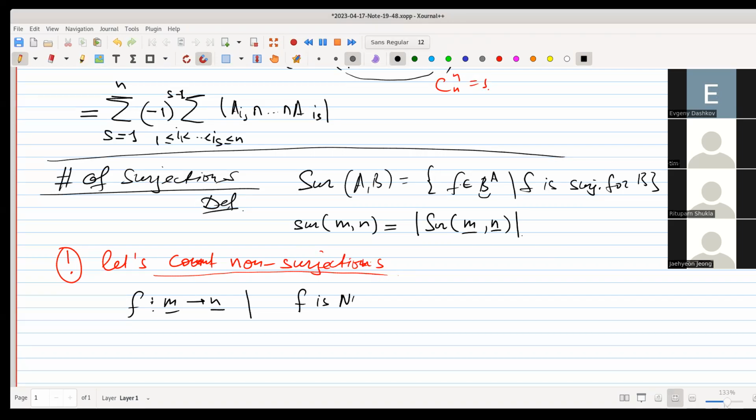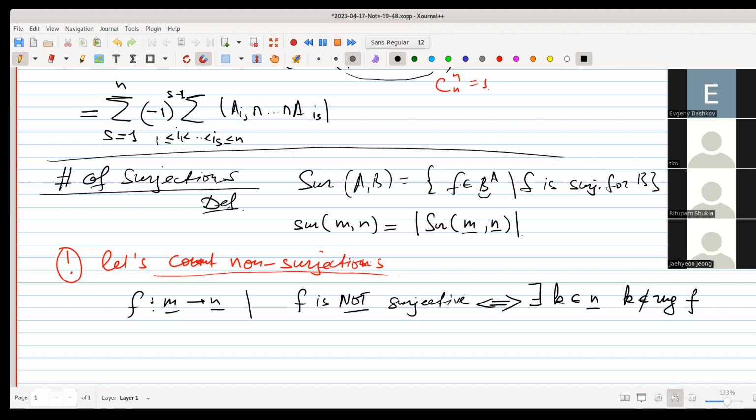When is it not surjective? When it doesn't take some number from N underlined as its value. Do you agree? So there exists such a k from N underlined which is not a value of our function.